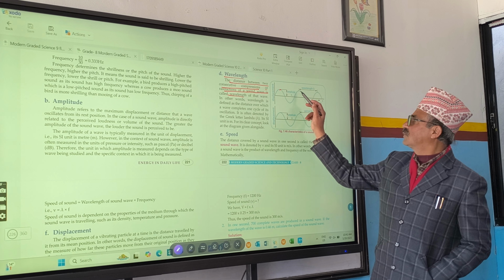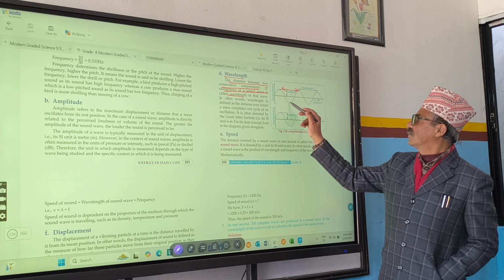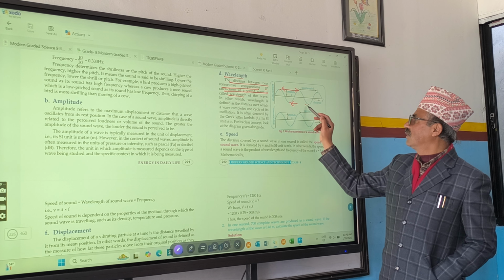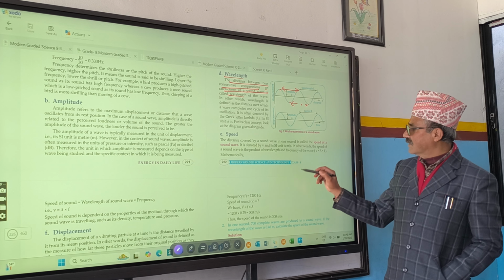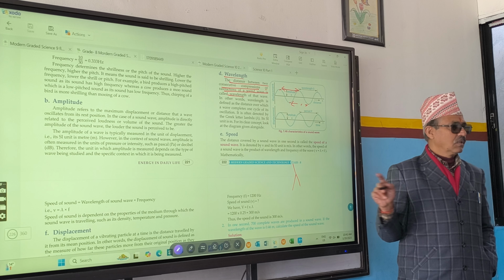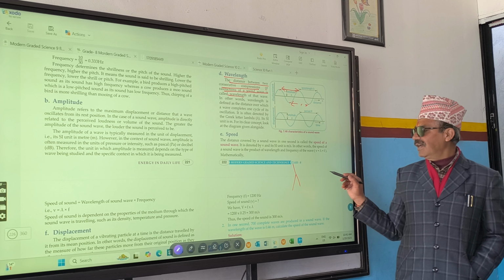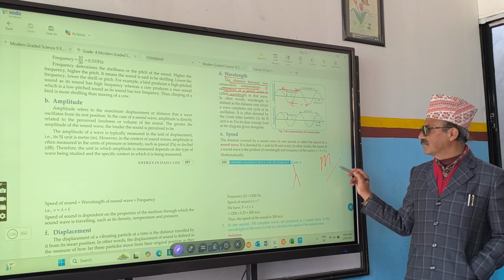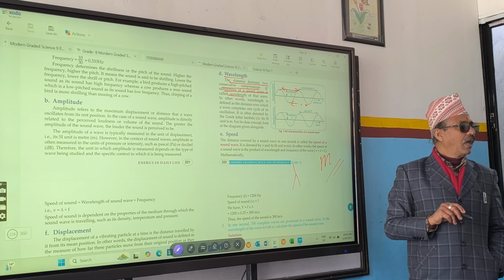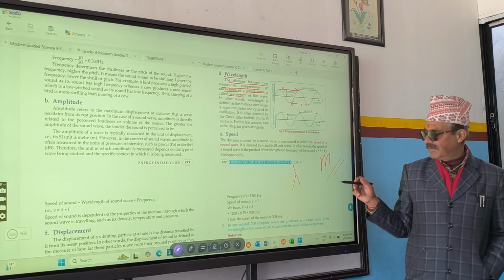So this point to this point, this distance is called wavelength. Wavelength is denoted by the symbol lambda. It is expressed in the unit meter. Is that clear? Remember it.